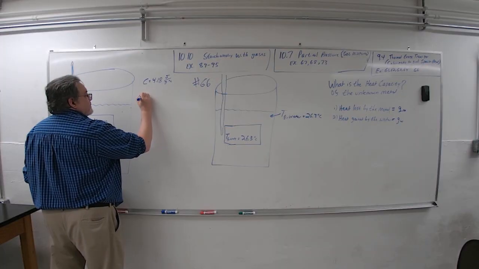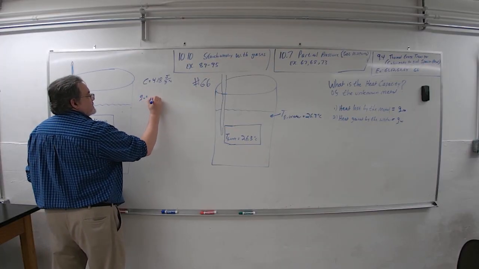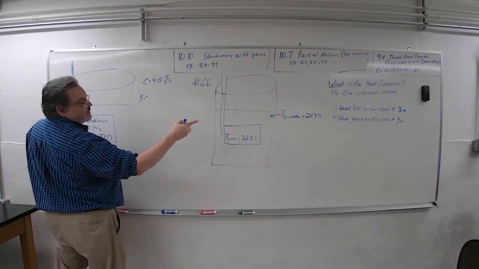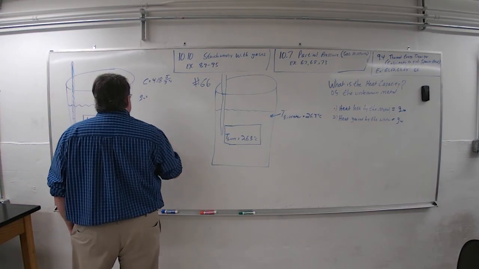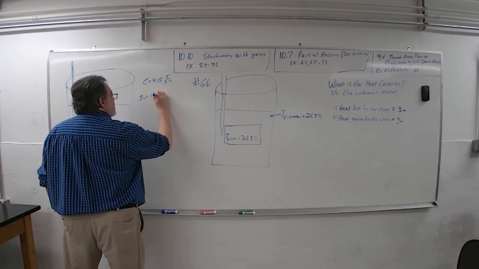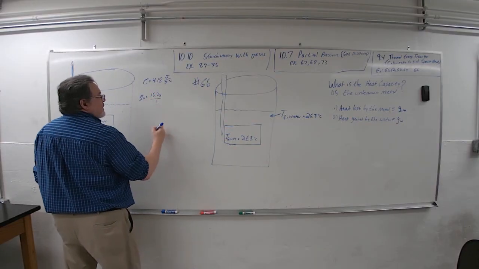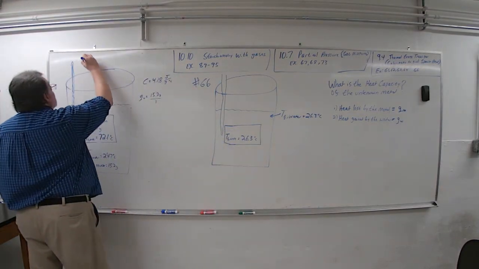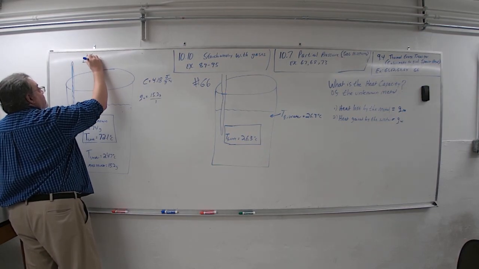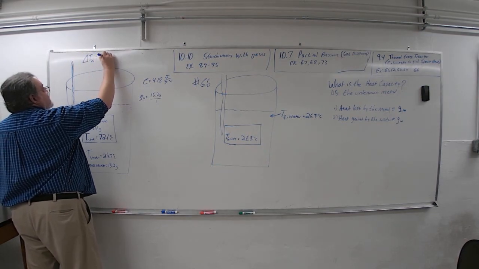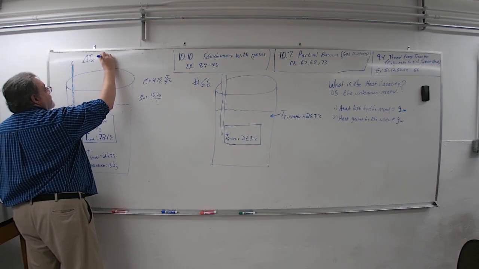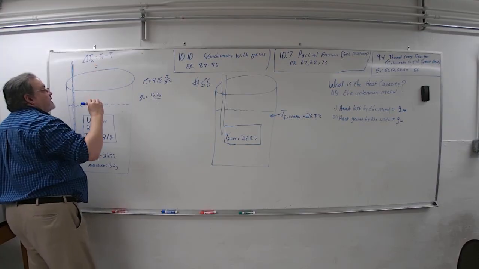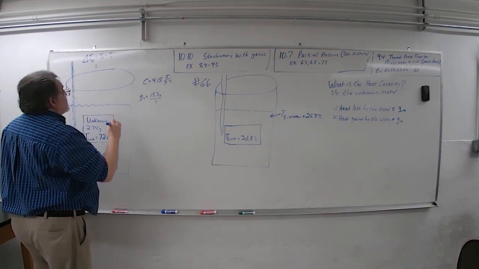So Q for water is the mass of the water, 15.2, times the delta T of the water. Delta T for the water equals temperature final minus temperature initial.